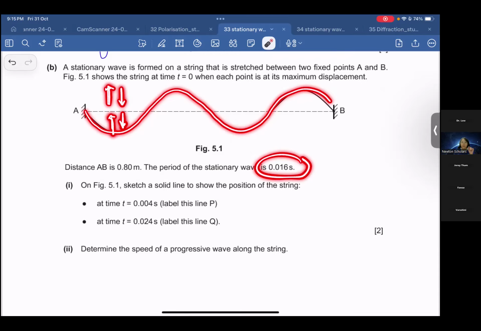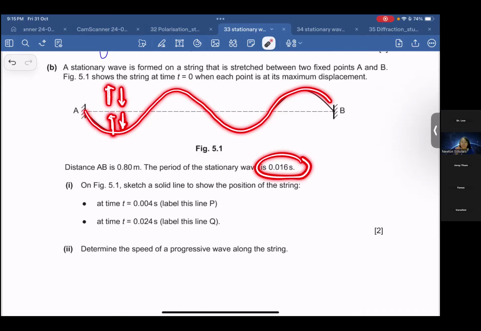Okay, 0.004 second is how many periods? Not even one period, right? So what is the fraction of the period? Is it 1/2? One complete period, one complete wave, needs 0.016 second.